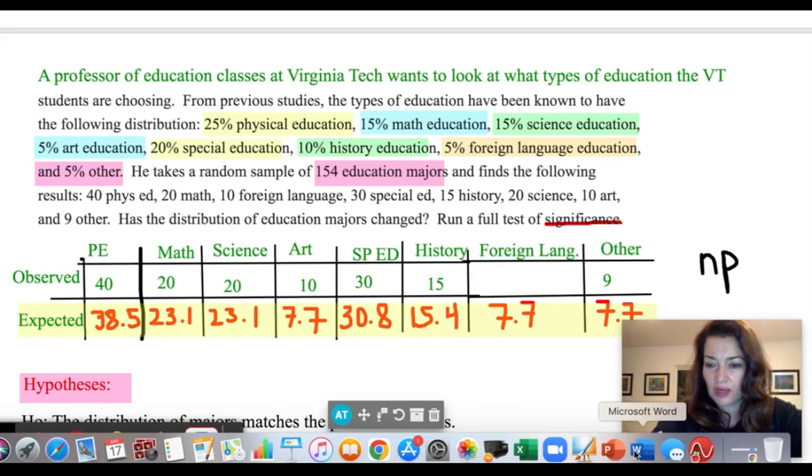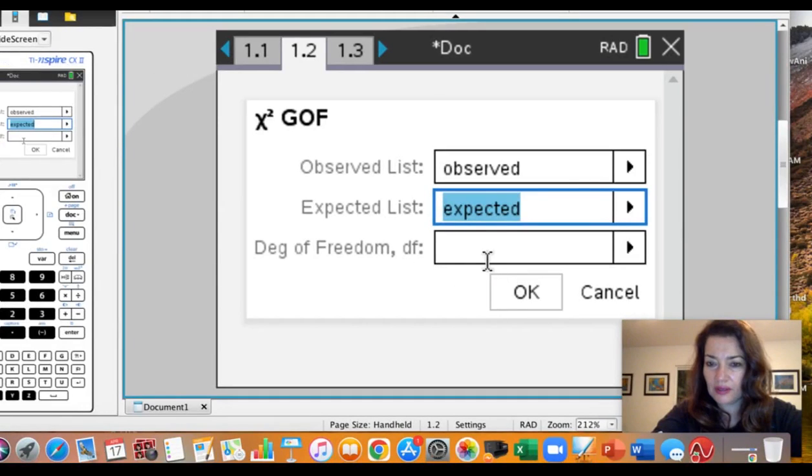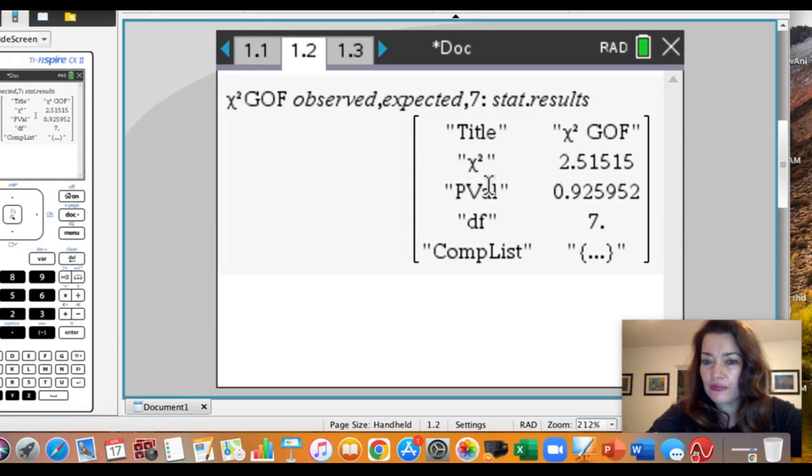So our degrees of freedom is going to be 7. So I'm going to put 7 here and then press OK. Now from here we get a p-value, which is 0.925952. We get our test statistic, which is our chi-square. It looks like x squared. We call it chi-square, which is 2.515. All right, that's basically all we need to know.